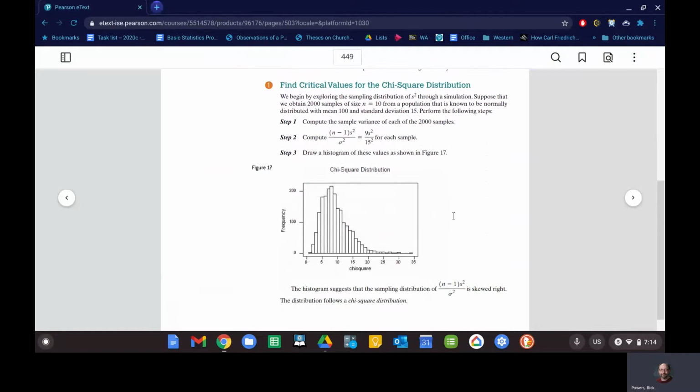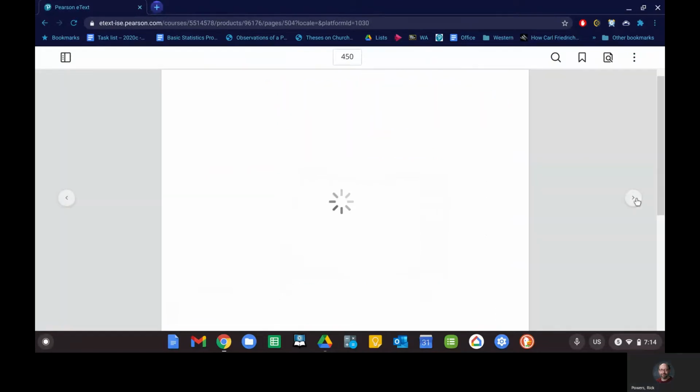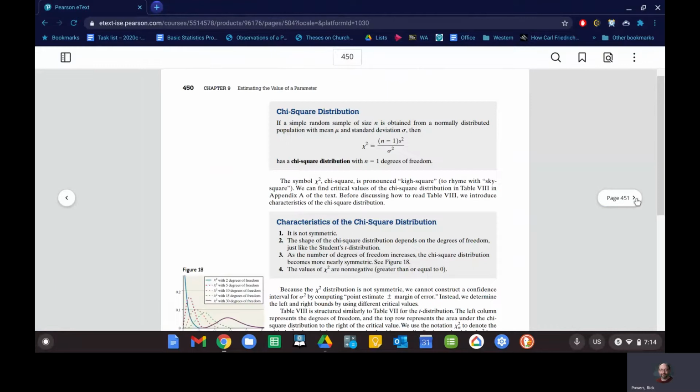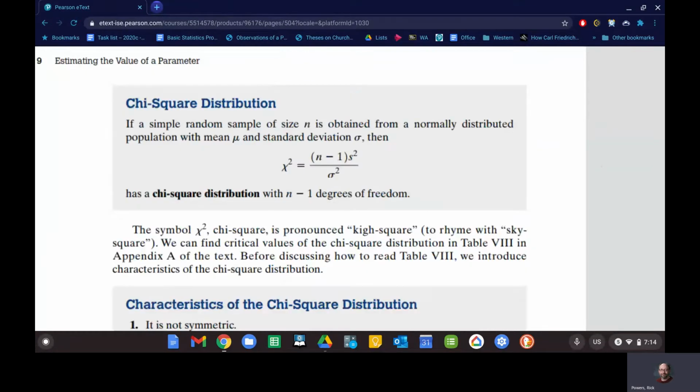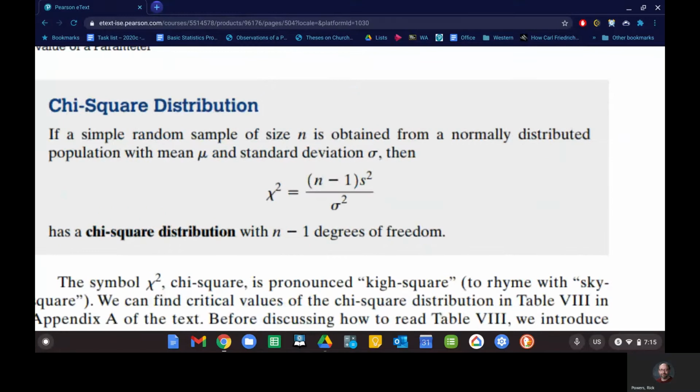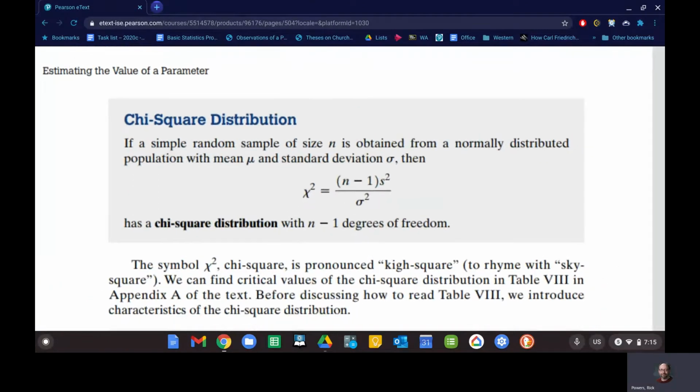So they're doing the same process that I just did, and they come up with something which is the chi-square distribution. Notice that this is not an X. This is a chi. It's a Greek letter.